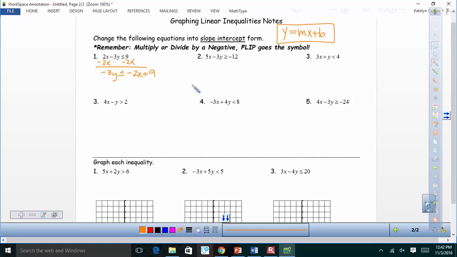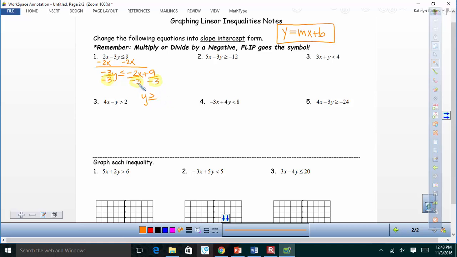Now, what would be my last step to get y by itself? In a normal equation, we just divide by negative 3 and nothing happens. What happens when we have an inequality sign and we divide by a negative? The sign will change. So since we're dividing by a negative, instead of being less than or equal to, this is going to change to greater than or equal to.